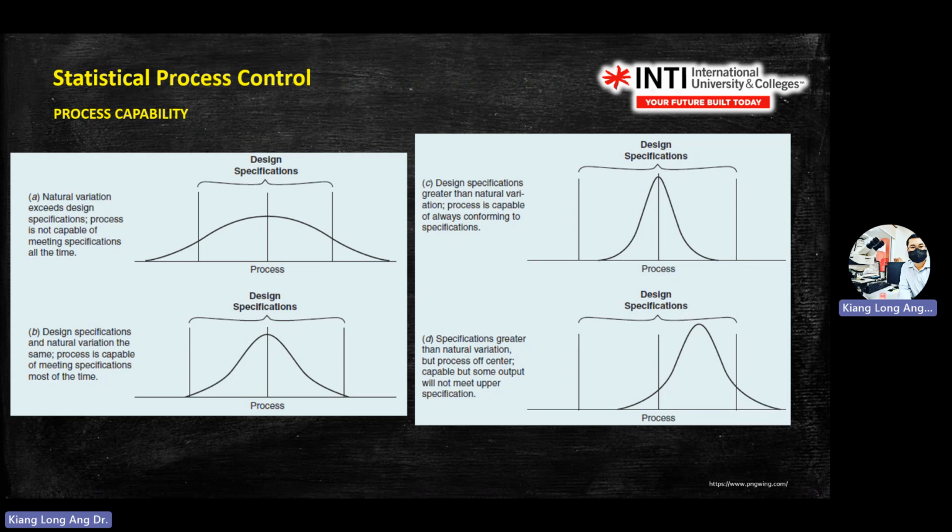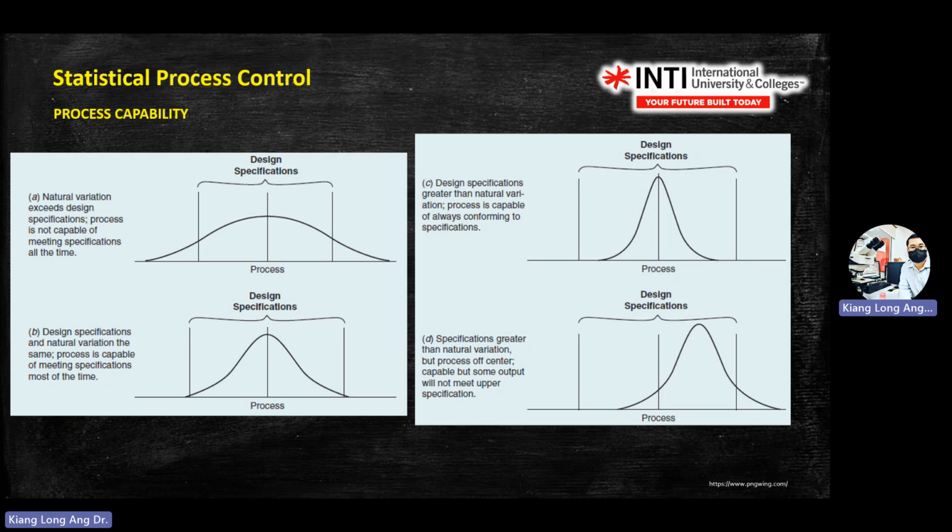The previous example you saw is 3 sigma, so you stretch the range to the end of the graph. If you stretch the design specification to the ends, with an upper limit and lower limit, this graph is about 99%.